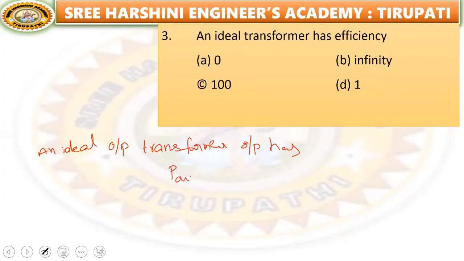P output is equal to P input. That means efficiency is equal to P output by P input, right? That is equal to 1. So option D is the right answer.